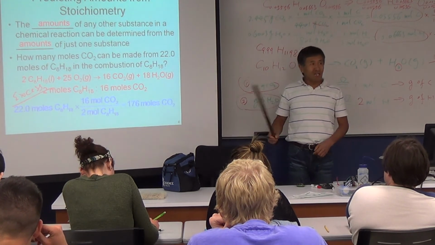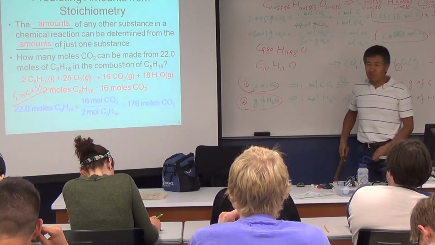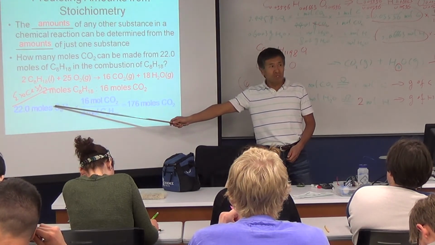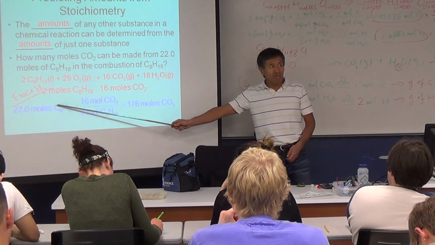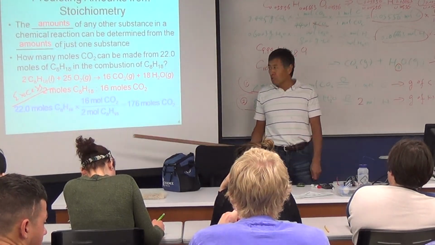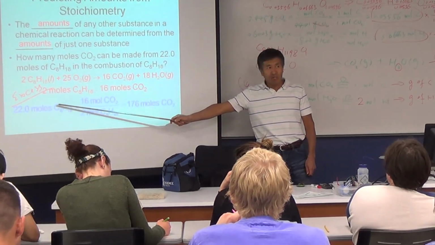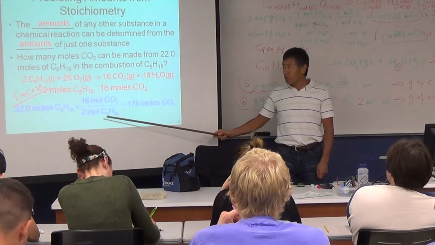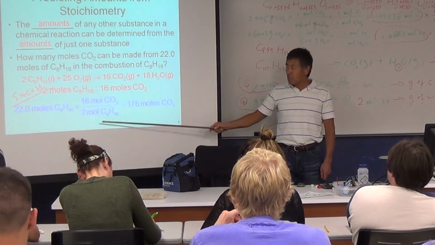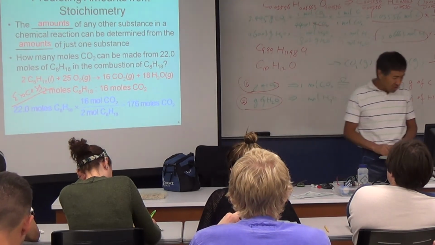Okay? So as I emphasized in the first few chapters, you decide because you can decide what you have. If you have that many moles of C8H18 and you want to get moles of CO2, then with our old technique you want to cancel out what you have initially. So you put this from the ratio at the bottom, and in this way you cancel out what you initially have.